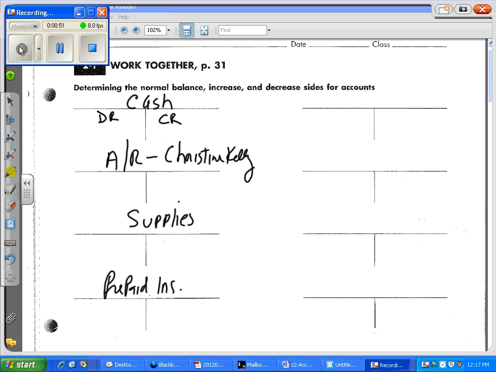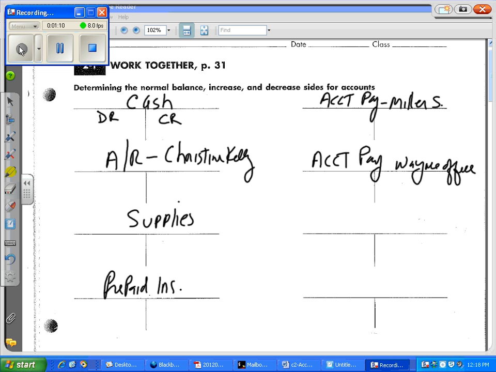Accounts payable for Miller Supplies. Accounts payable for Wayne Office Supplies. And the last account, Jeff Dixon Capital.